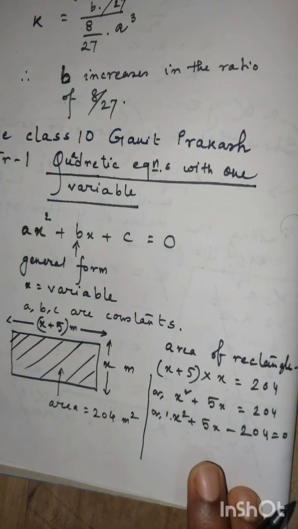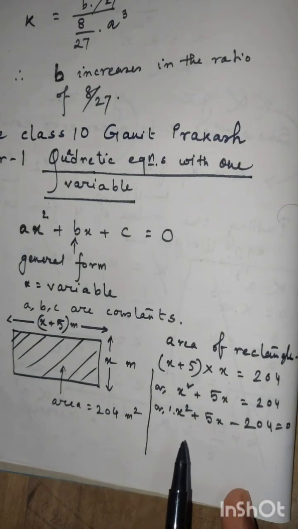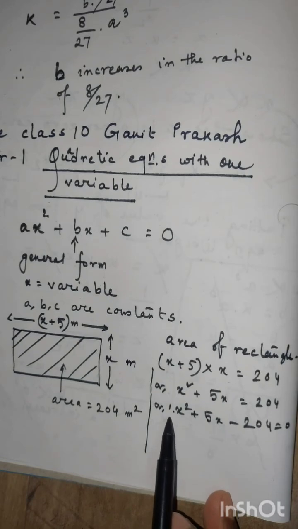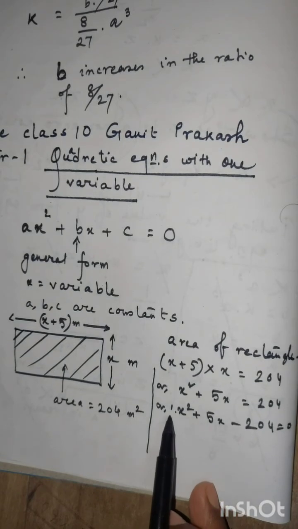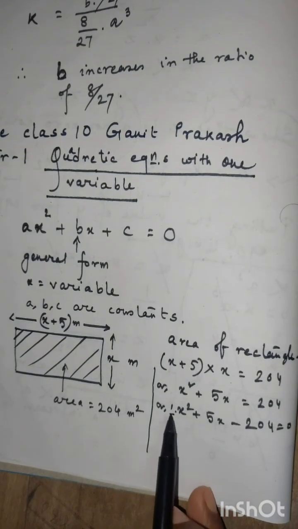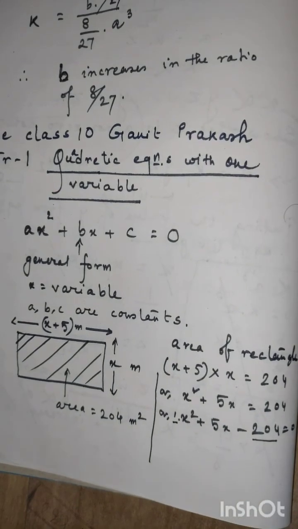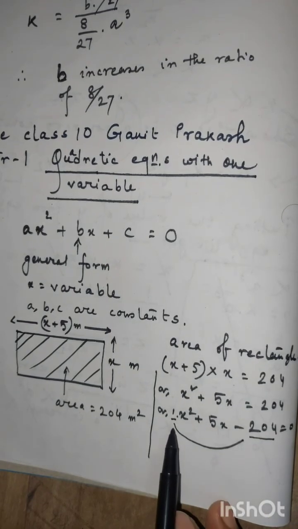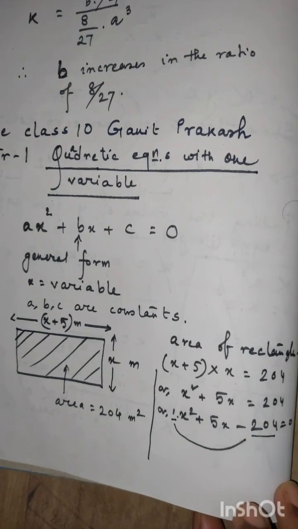For middle term factorization, we take the product of the coefficient of x square and the constant, that is 1, and the constant. So the product is 1 into 204, that is 204.